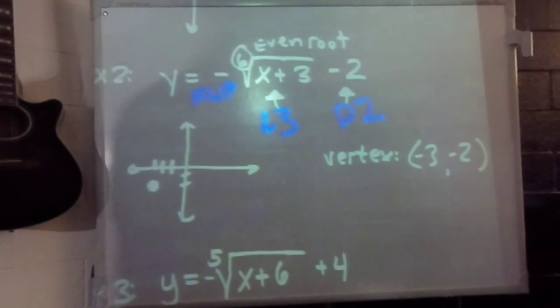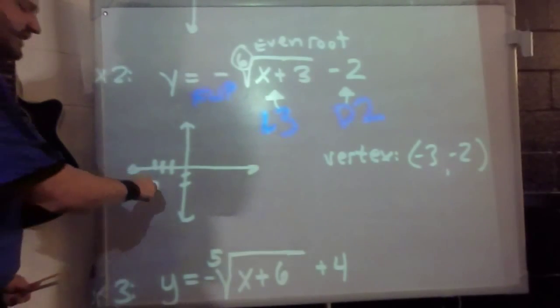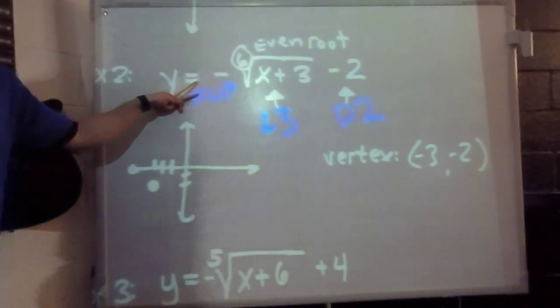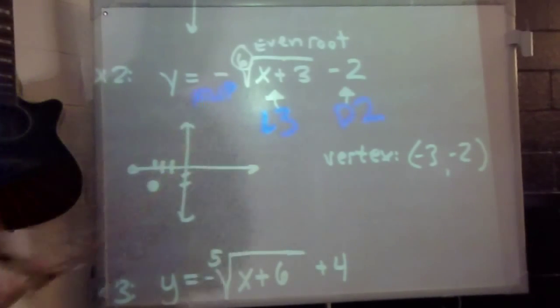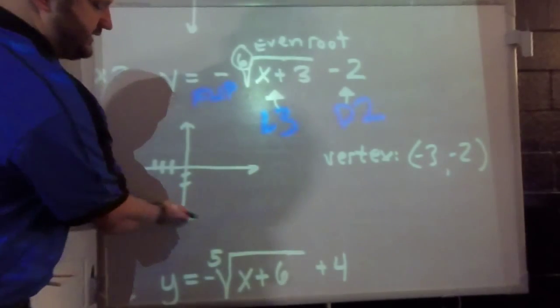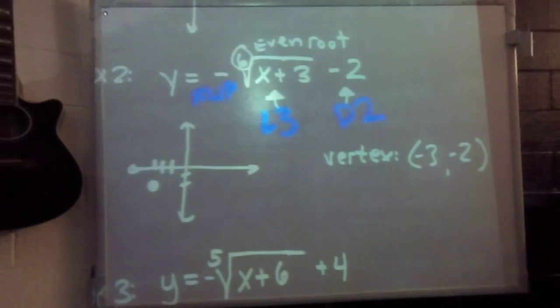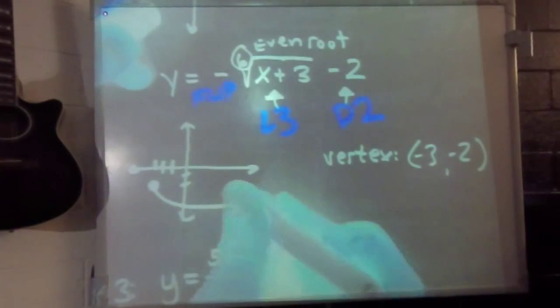Now normally, on even roots, I would go here, I'd go like this, I'd go this way. But because of that flip, instead of going this way, I'm going to go down. It's like you take this, fold it over, and flip it down, so it goes down. So it should look like this.